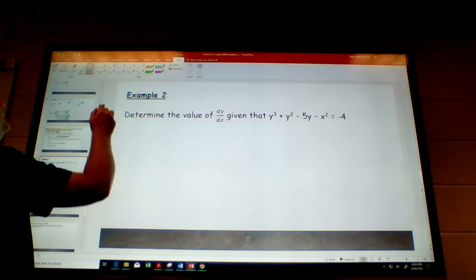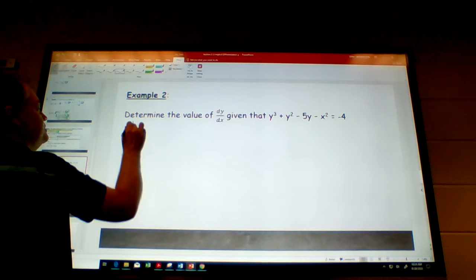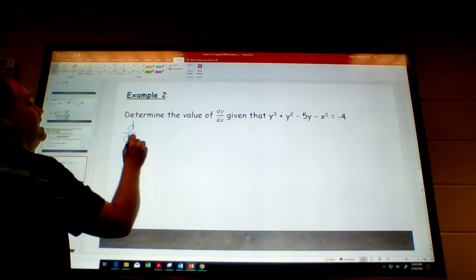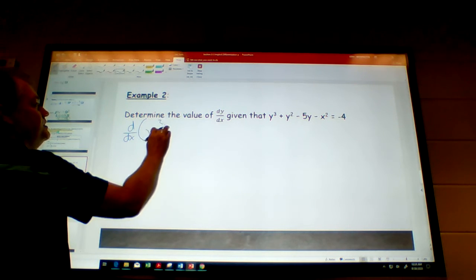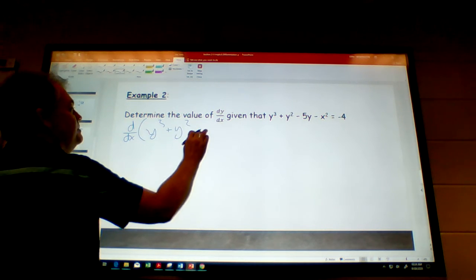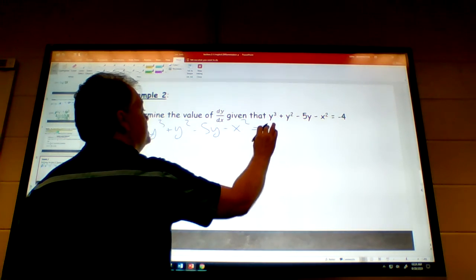So I'm going to differentiate this whole thing. The derivative in terms of x of this whole expression, y to the third plus y to the second minus 5y minus x squared equals -4.